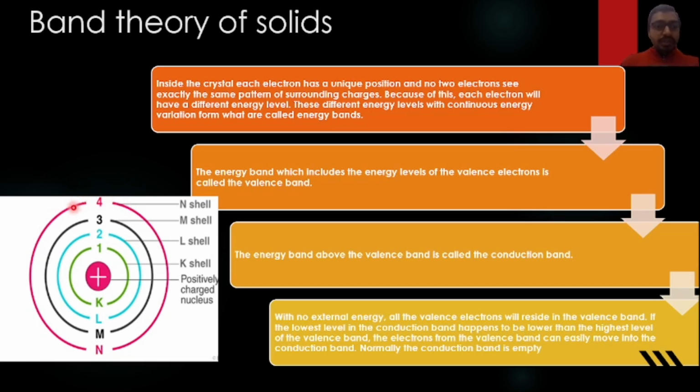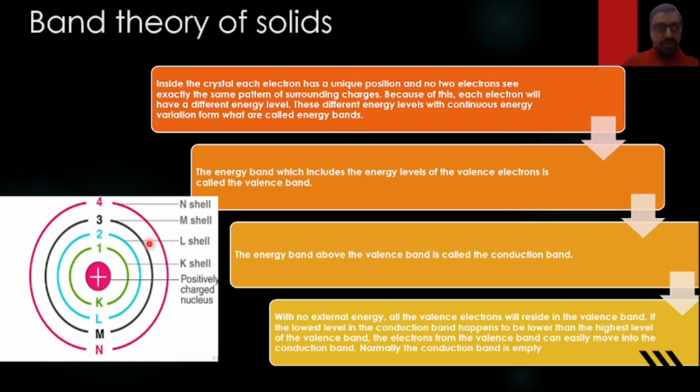The band above this, that is the energy levels above the 4th shell, is known as the conduction band. If there is no external energy provided to the atom, these electrons remain in their specified circular orbits.